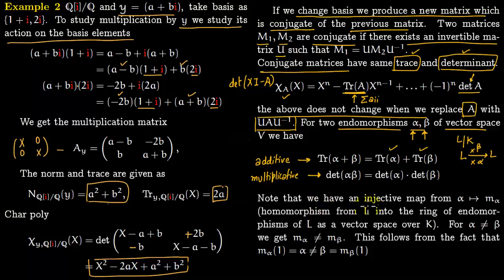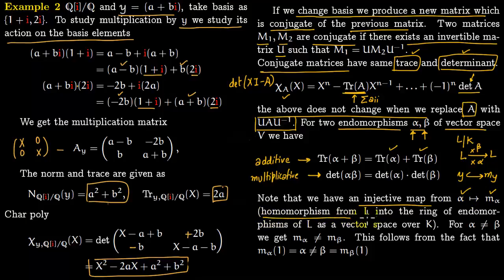So notice that we have an injective map. If you just consider this alpha as multiplication, to alpha you are adjoining a matrix which we are writing as M alpha. So we were writing y, and to it we adjoined a matrix My. And notice we are saying this map is injective.